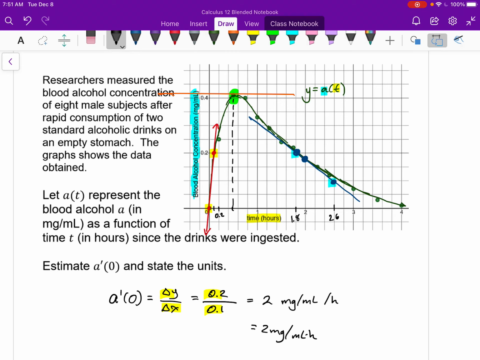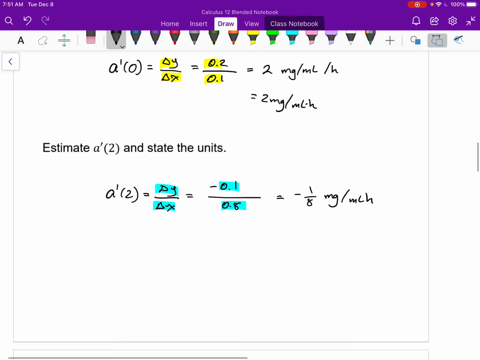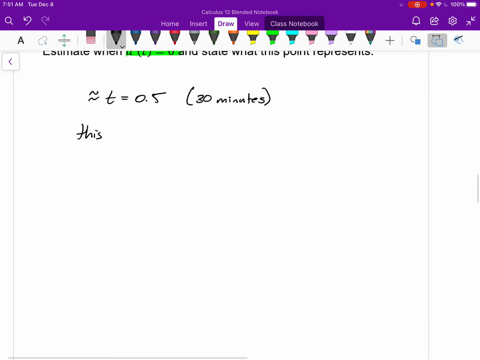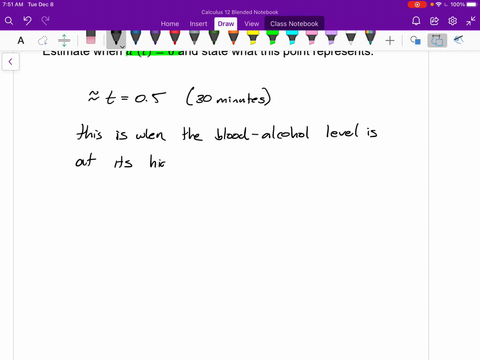It's where there's, in this case, the peak, which is usually an important thing to pay attention to for a function. And so in this case, again, this is when the blood alcohol level is at its highest. I'll say it's at its peak.